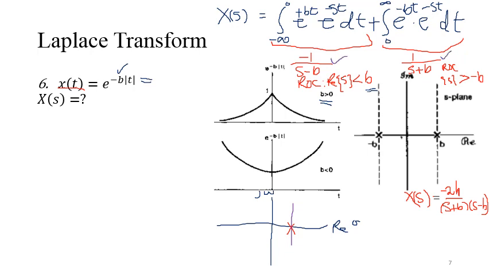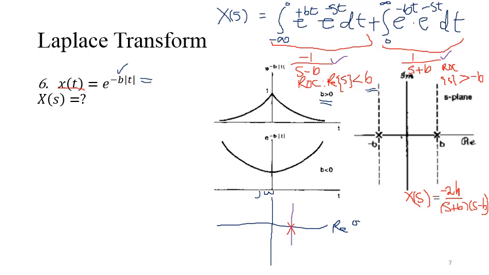So when s equals b, b minus b equals 0, 0 multiplied by anything is 0, and this divided by this will result in infinity. So you get the first pole, when s equals b.